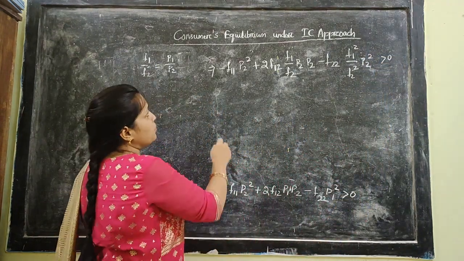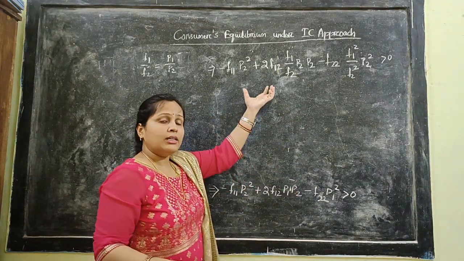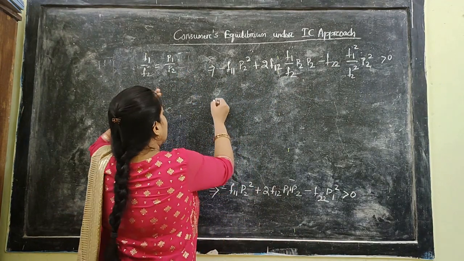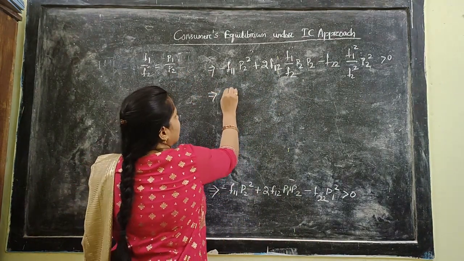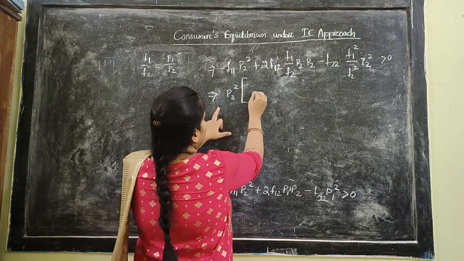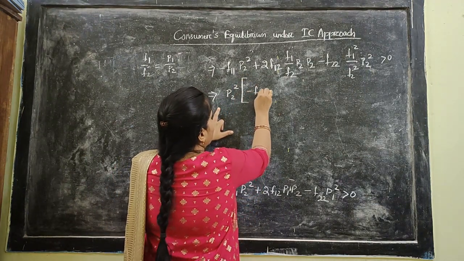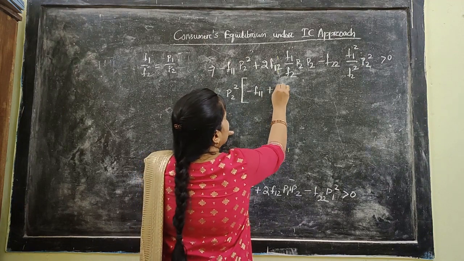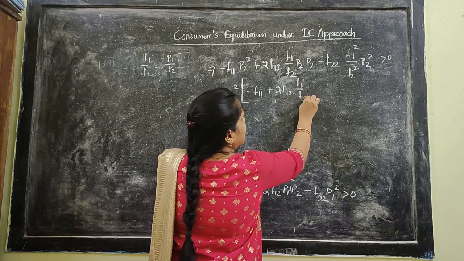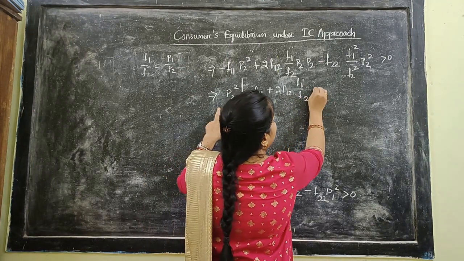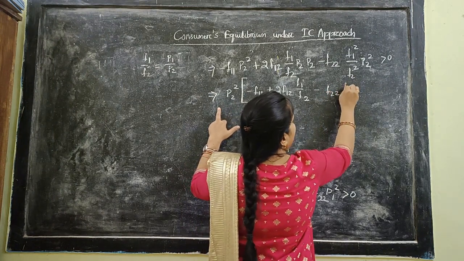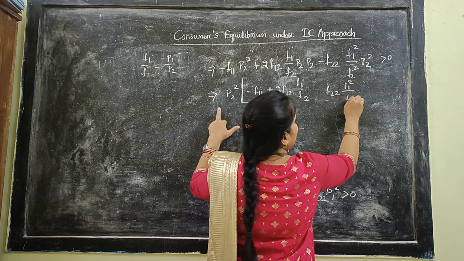All these terms, so from this we can take P2 square as common from all these three terms. Within the bracket we have minus F11 plus 2F12 F1 by F2 minus F22 into F1 square by F2 square.